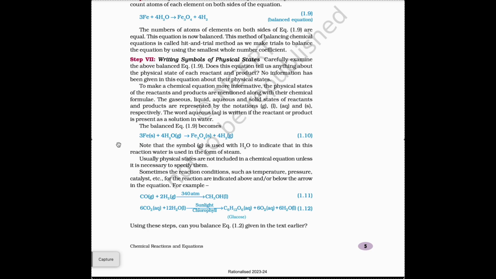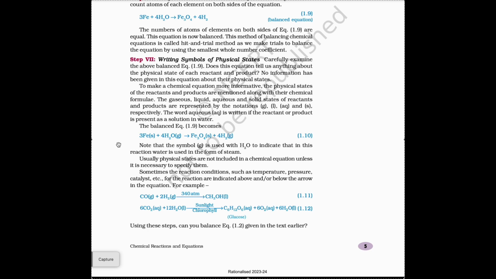Note that the symbol (g) is used with H2O to indicate that in this reaction water is used in the form of steam. Usually, physical states are not included in a chemical equation unless it is necessary to specify them.